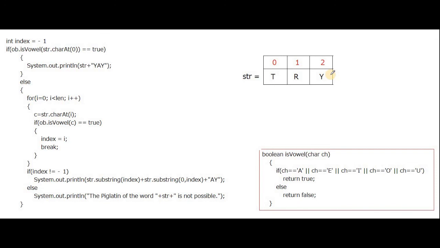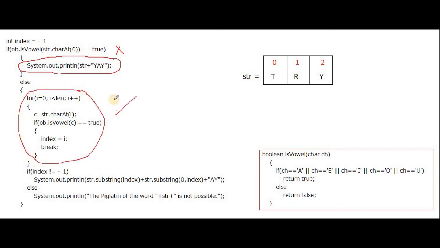So from this entire part, neither this statement will execute because it returns false, nor this one, because this also returns false. So it will not get inside either of them, and directly it will go to the statement: if index not equal to -1.